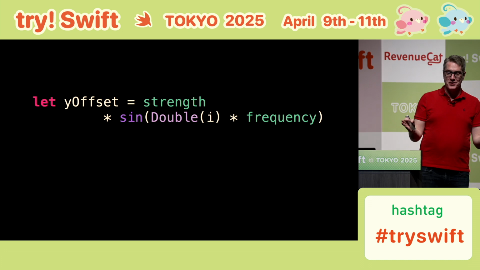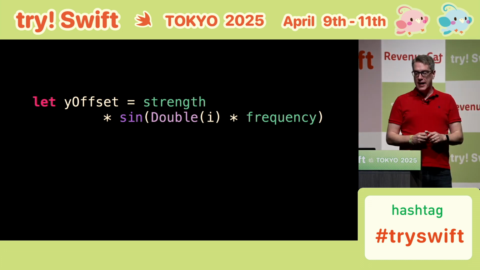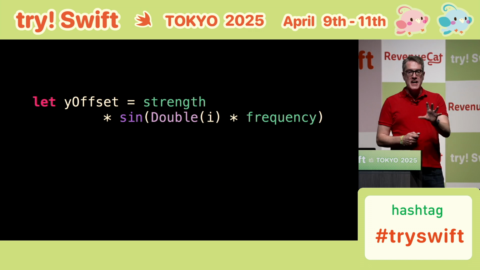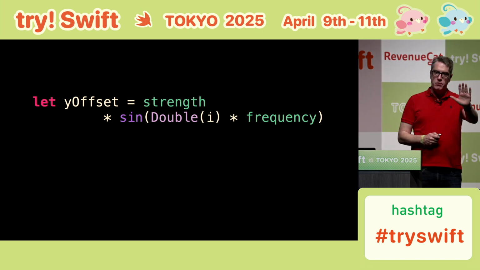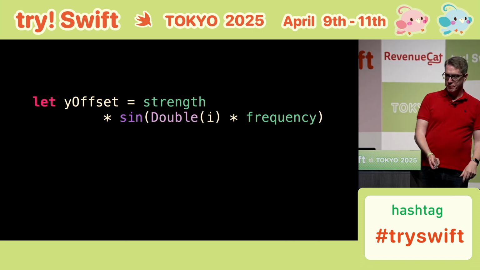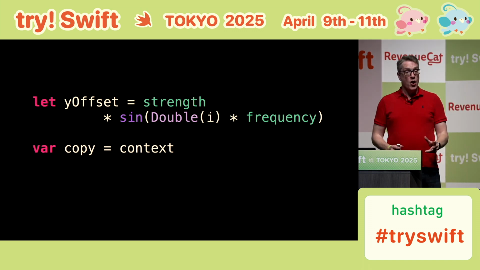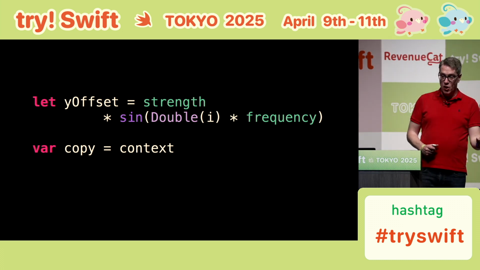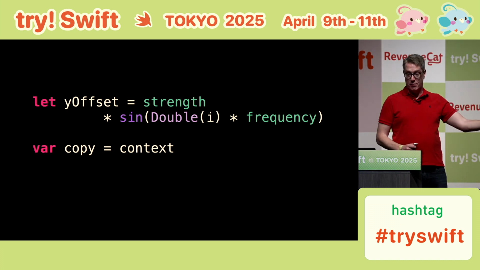To render glyphs, we'll start by calculating a y offset for every letter based on its position in the run. Using the sine function here will give us a nice smooth wave effect. And now we'll get a copy of our context for drawing, because remember, any changes you make to that graphics context will affect the rest of this drawing pass.